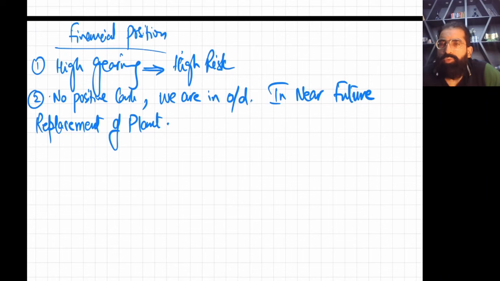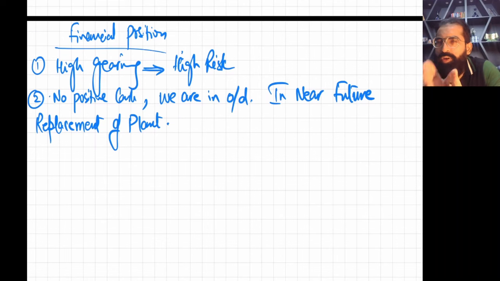When you will be replacing plant in the near future, you will need cash, and you are out of cash.